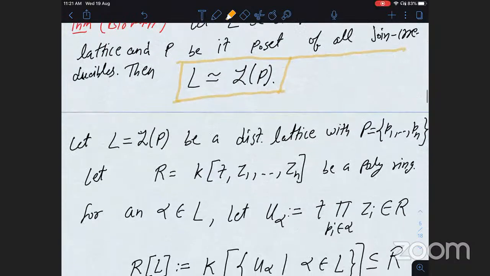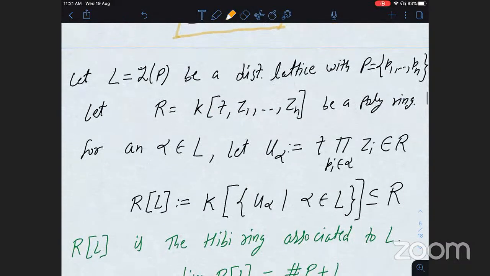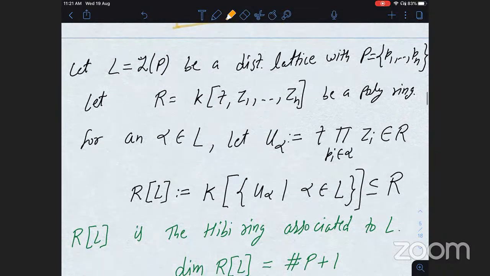Okay, so now I'll define the Hibi ring. Let L be a distributive lattice with P = {p1, ..., pn}, where P is the poset of join-irreducible elements of L. Since P is finite, L is also finite, which is the remark that we stated earlier. Let R be a polynomial ring in n+1 variables: t, z1 up to zn.